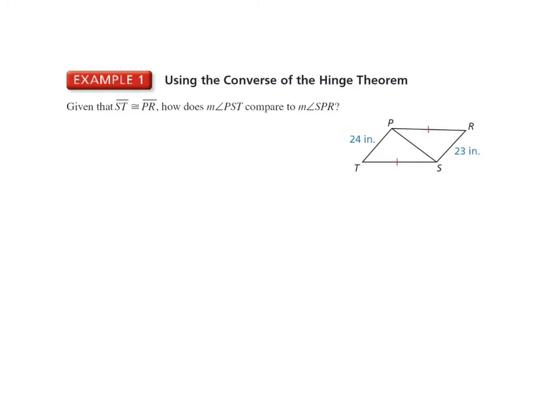All right, let's take a look at the converse of the Hinge theorem in action. Apply it to this problem. Given that segment ST is congruent to segment PR, how does the measure of angle PST compare to the measure of angle SPR? Well, because the two triangles are sharing side PS, we can mark PS as congruent to itself by the reflexive property.